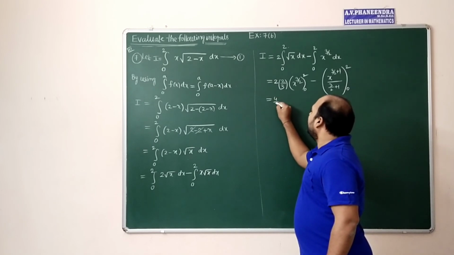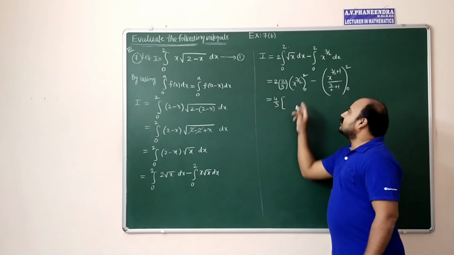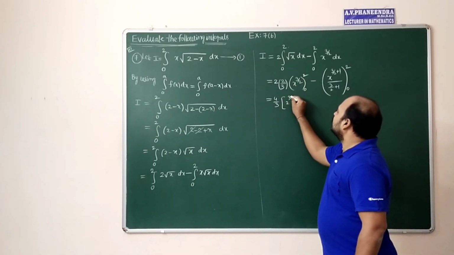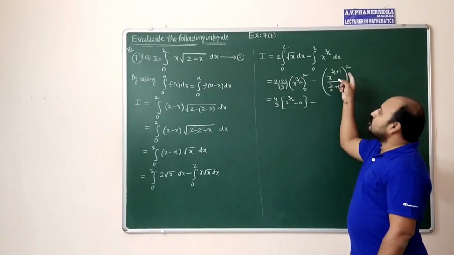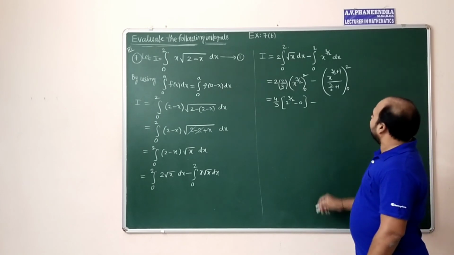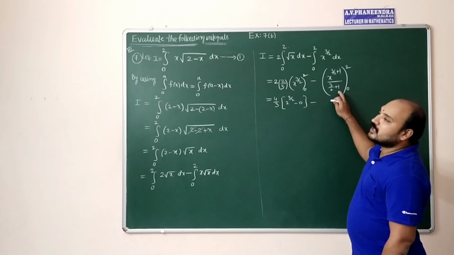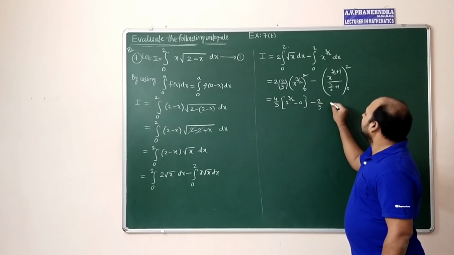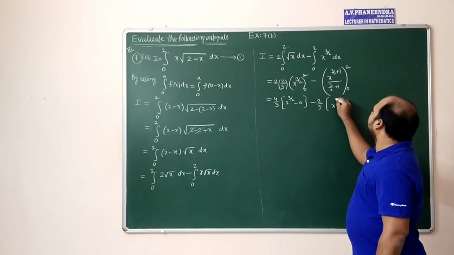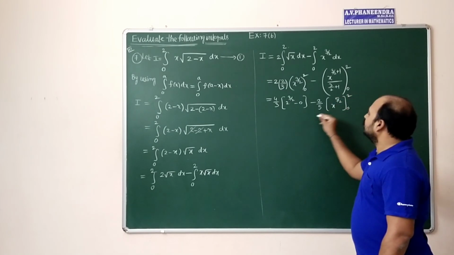So here 4 by 3. In place of x, substitute upper limit 2 power 3 by 2 minus 0. Minus here 3 by 2 plus 1 is 5 by 2. So here also 5 by 2 will come now. It will become 2 by 5 into x power 5 by 2, applying the limit 0 to 2.